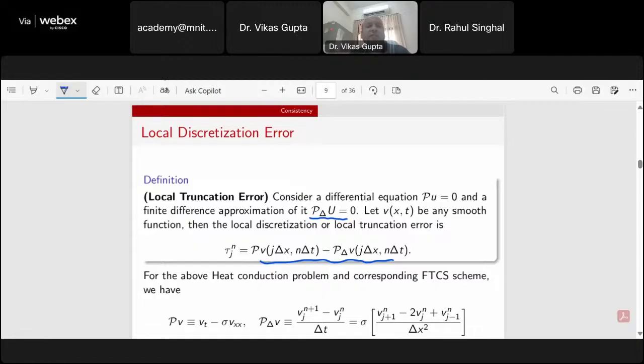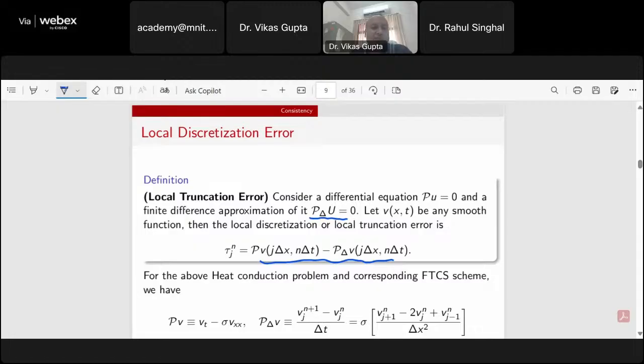So this is the definition of local truncation error. If the local truncation error approaches 0 as the mesh spacings delta x, delta t approach 0, then we can say that our constructed finite difference scheme is in good agreement with the continuous problem. That is the basic idea of consistency.